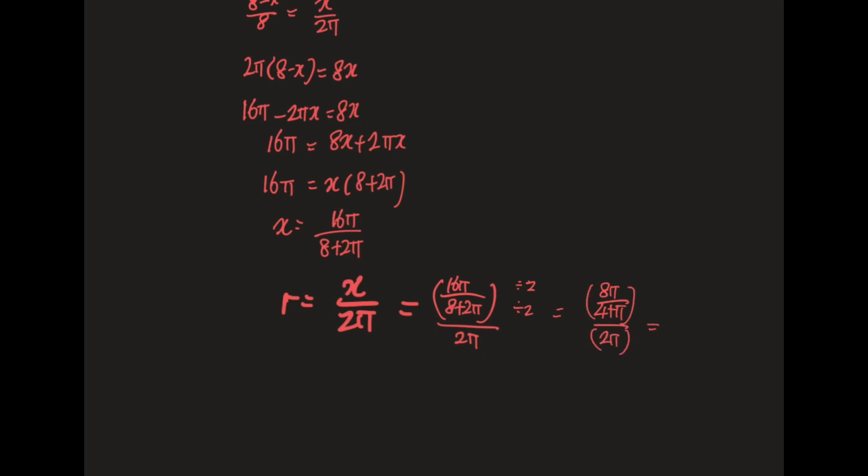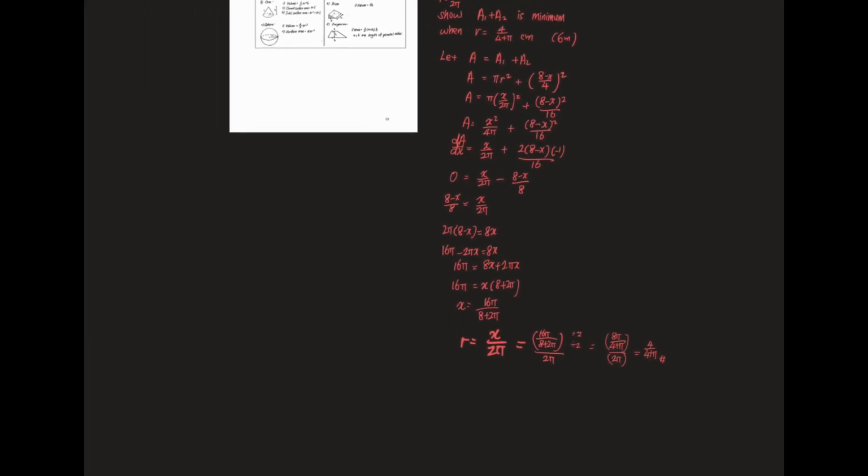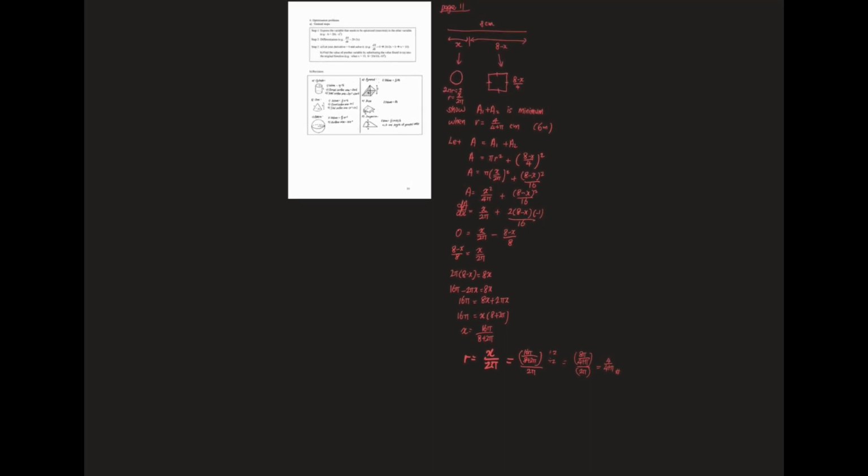So 8 pi divided by 2 pi, I will get 4. Okay, then we managed to show what they asked. Okay, so that is how we handle maximization or minimization problems. Okay, so we have done the theory part.